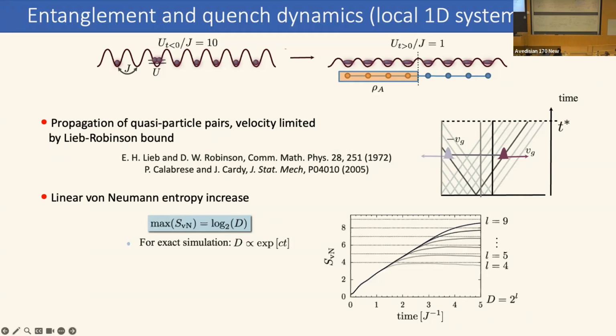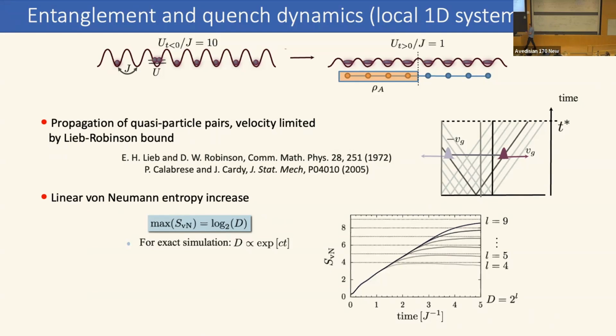And as Steve already alluded to yesterday, basically what's going on here is that if you have quench dynamics, it generates local excitations, and they propagate according to a Lieb-Robinson bound, with some typical maximum velocity.